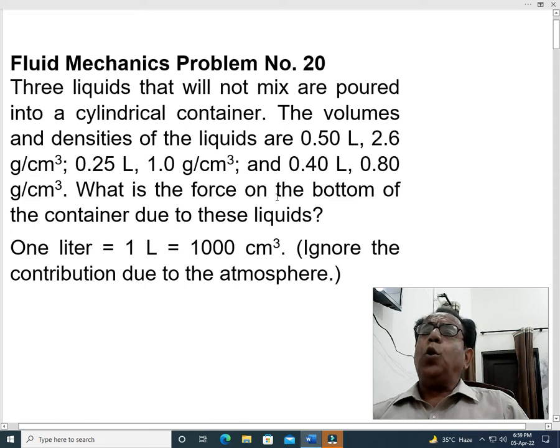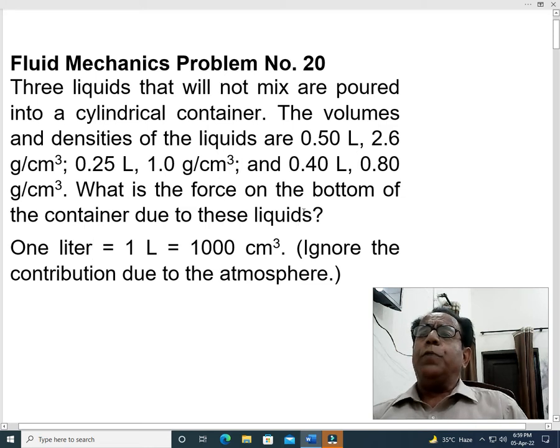So in terms of force, actually we have to find out weight W, and because there are three sets of quantities, three weights will be found, that is W1, W2, W3, and at the end gross weight will be the sum of these three weights.